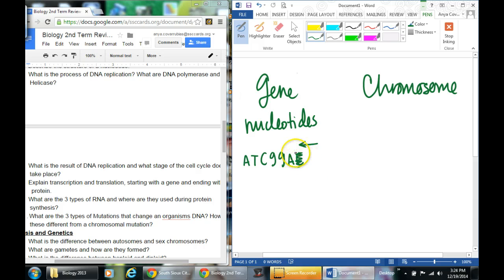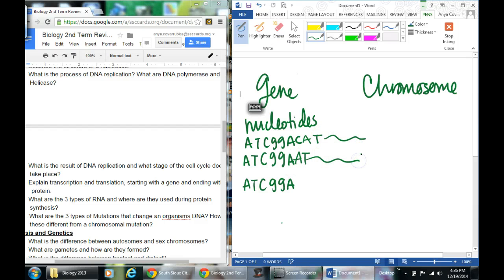Or there could be something inserted, so you have A, T, C, G, G, A. So if our regular one was A, T, C, G, G, A, C, C. Okay, so if that was what it's supposed to be, then this one was deleted, and let's say there's an A and a T here, then it's deleted, and it's a double A and T, and then everything past this has been moved this way, whereas this one, if it's there and we get another letter there, now all of a sudden everything has been moved that way.